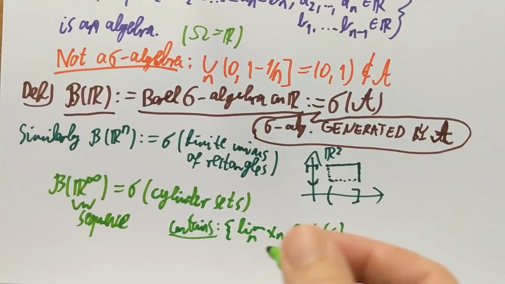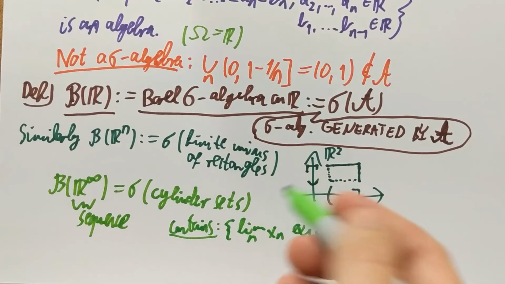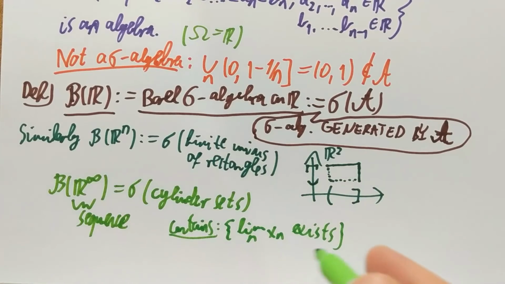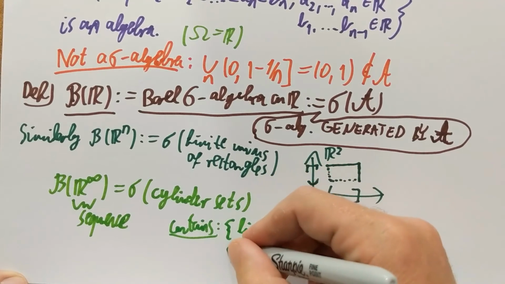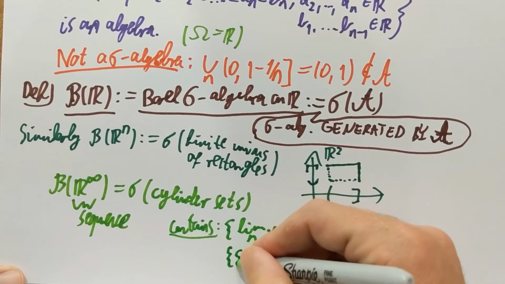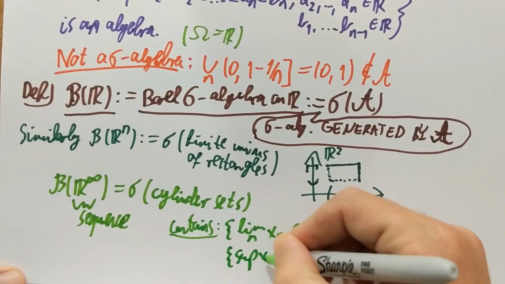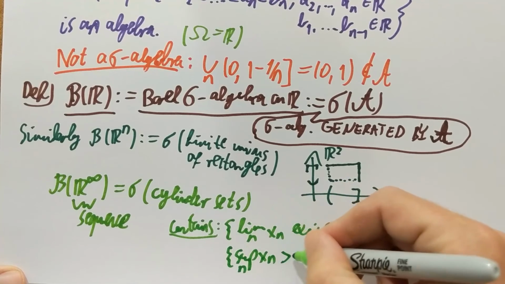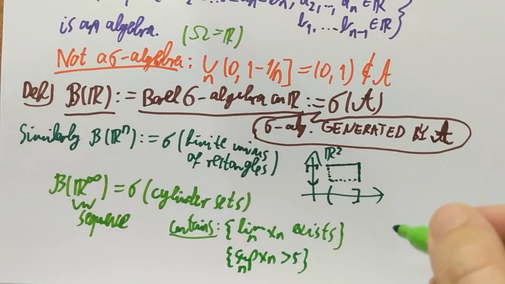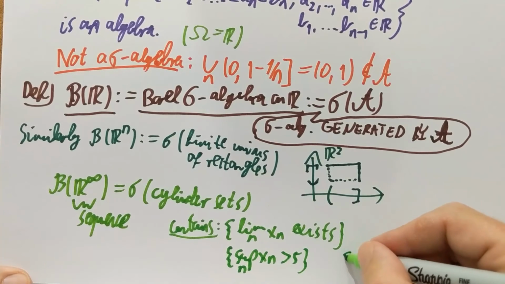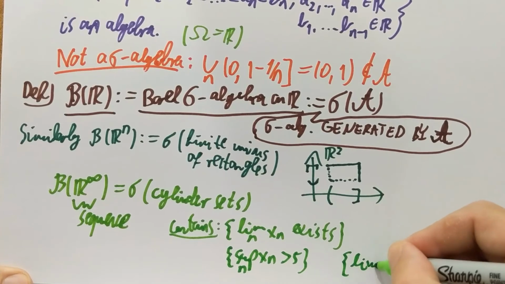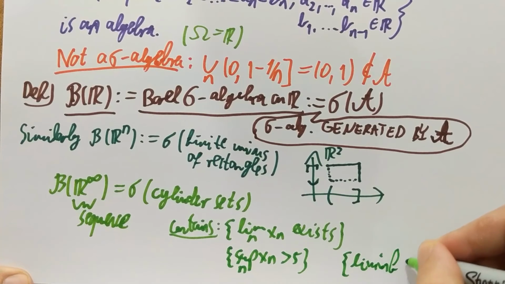So you can ask yourself, what is the probability, in some probability space which you define on this, of a limit existing. It also contains all the sequences where the supremum of the sequence is larger than 5, as an example. It contains all the sequences where the lim-inf of the sequence is larger than 5.